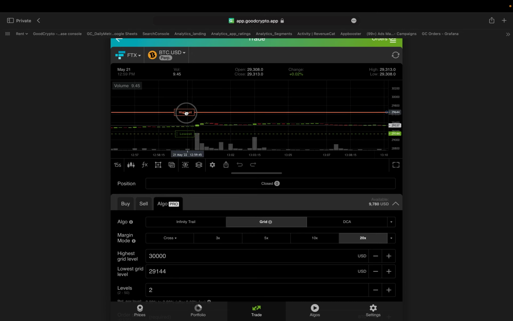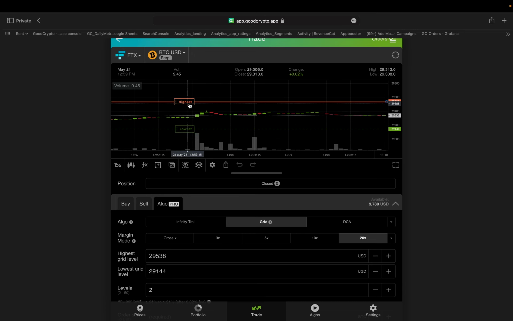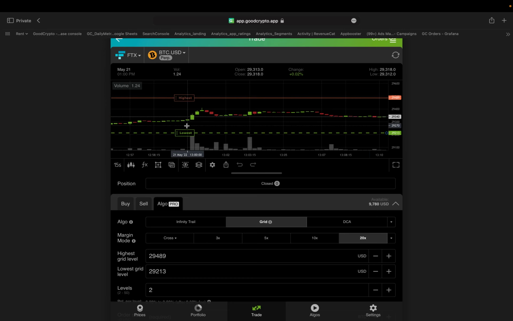I'll move the grids closer to the price so that the candles would stay more visible. Okay, so look, that's a basic grid setup. It's a grid of two orders, just two.